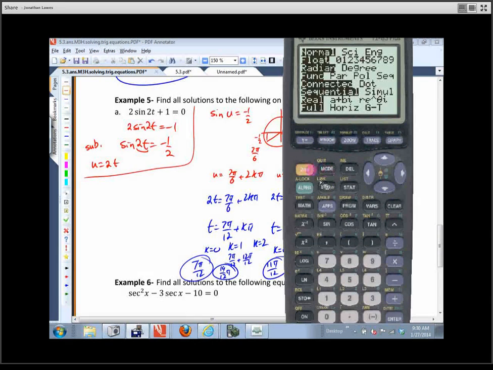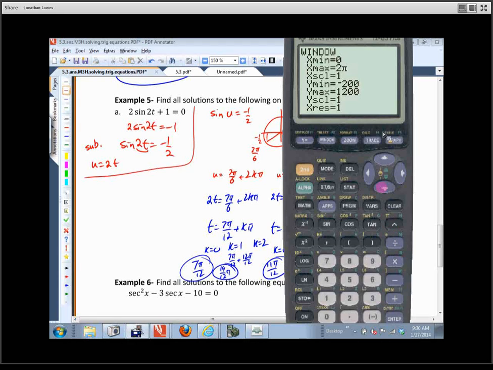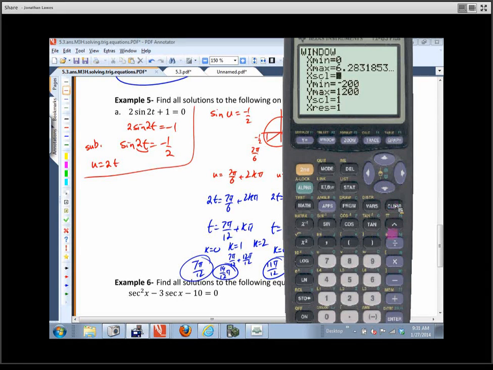We're in radian mode, so let's go from 0 to 2 pi. We're going to put a tick mark every pi divided by 4. And then let's go from negative 1.5 to 1.5. So I've got a window a little bit bigger than what the amplitude is, and I'm going to graph this.